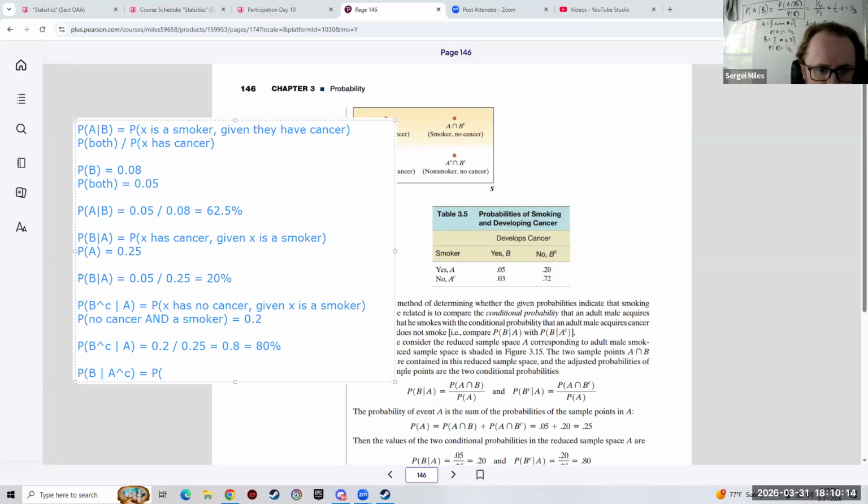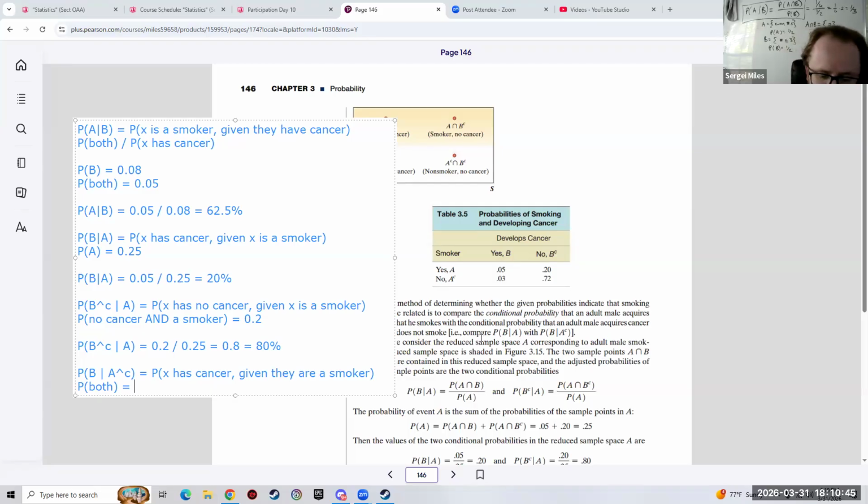In regular word form, this is a random person X has cancer given they are not a smoker. The probability of both, that's B and not A, means yes, they have cancer and they are not a smoker.